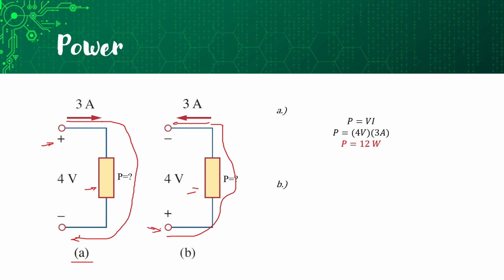Looking at the terminal of the circuit, it enters the positive terminal. Therefore, since it enters the positive terminal, the power absorbed is positive. So P is equal to VI, substitute the values, and same again, 12 volts.